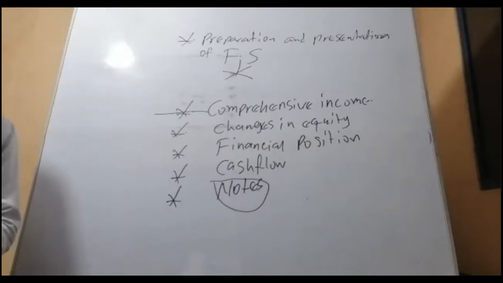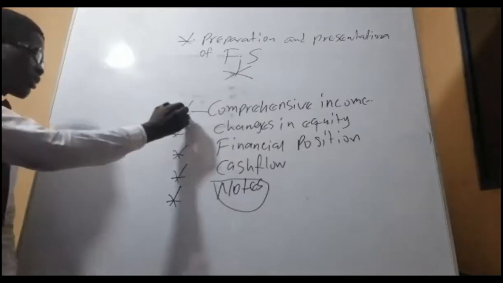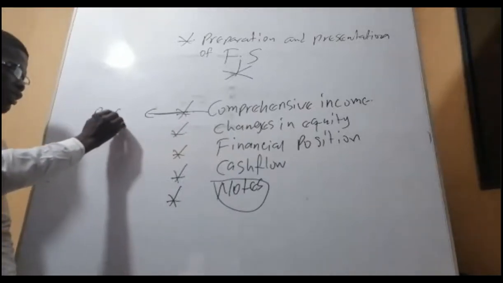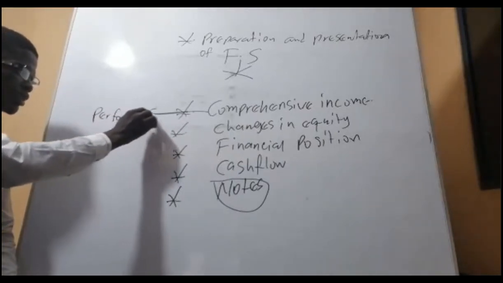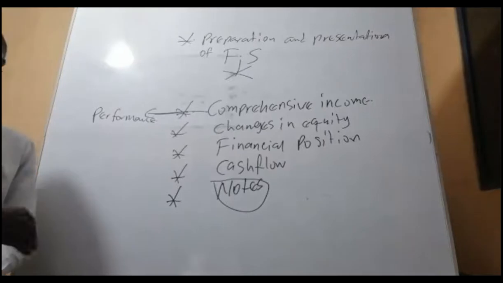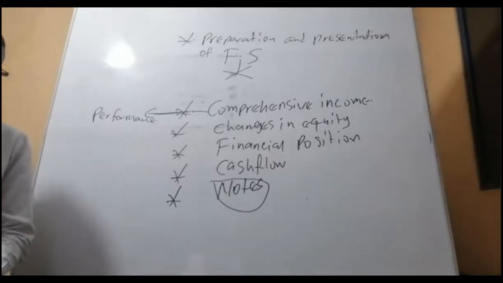So that one explains your performance, your operating performance in terms of what, profit or loss. So we prepare that one to reflect your profits or your loss that you've had during the year.